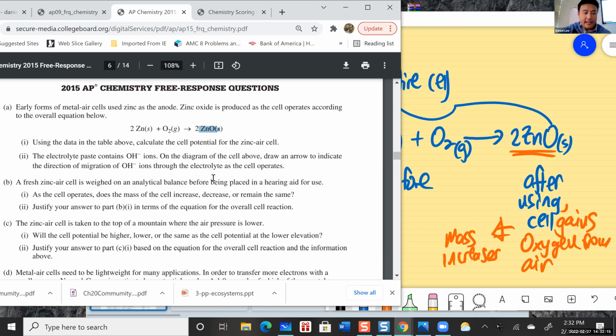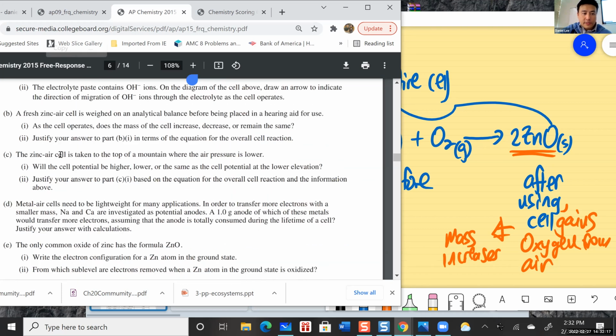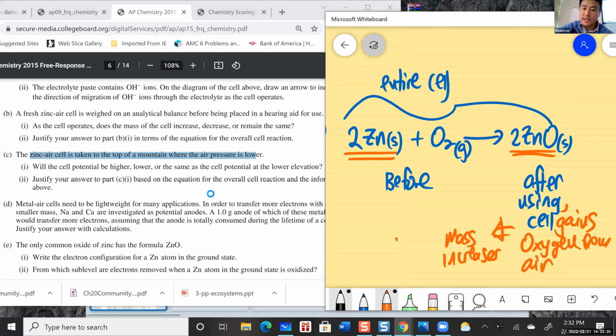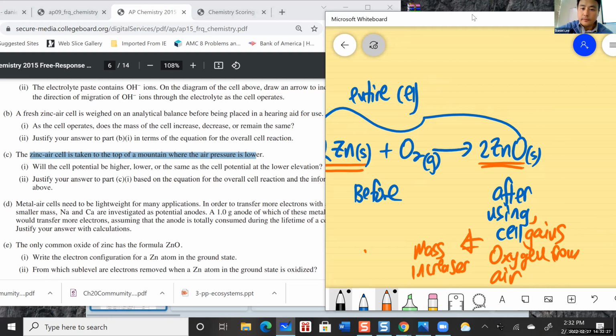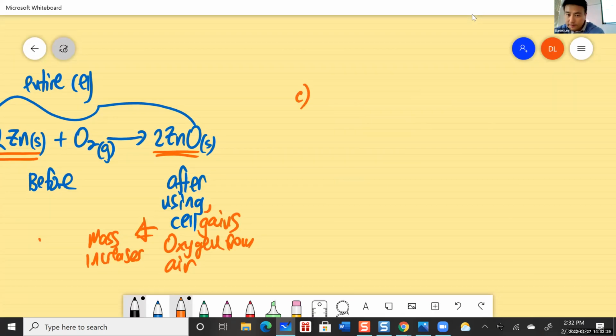And part C, now you take the zinc air cell to the top of the mountain where air pressure is lower. So you're no longer at standard conditions, because what is the standard condition, guys? The standard condition is when Q equals 1.